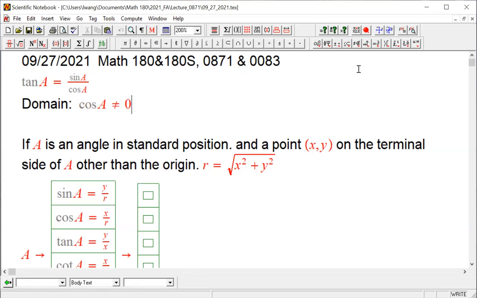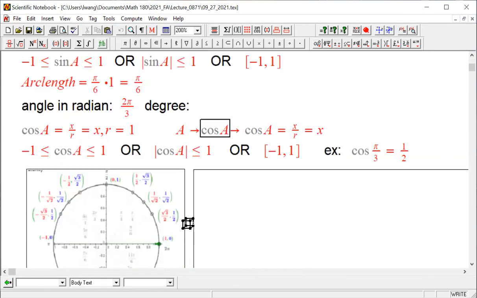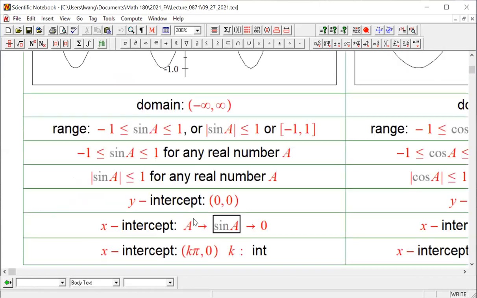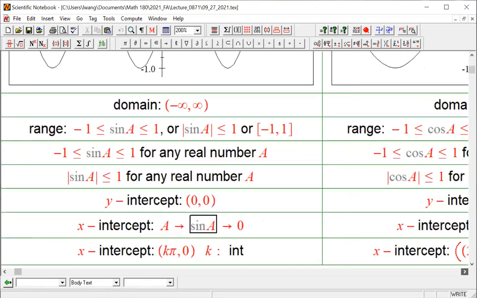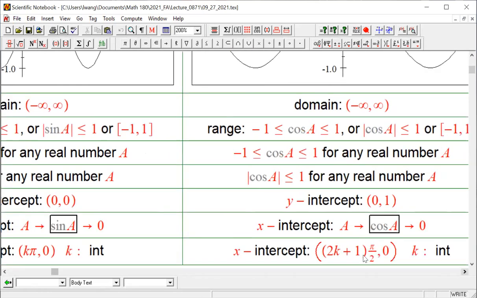What will make cosine equal 0? We just did that table, didn't we? When these angles are used as input, cosine will be 0, right? You follow me?